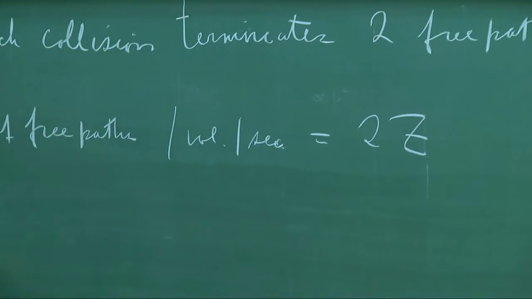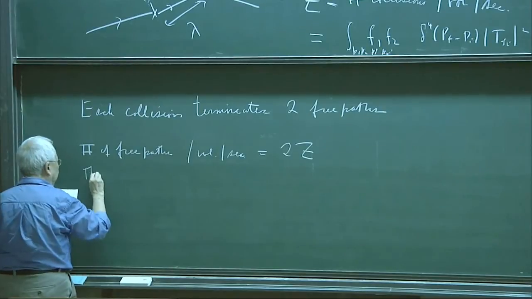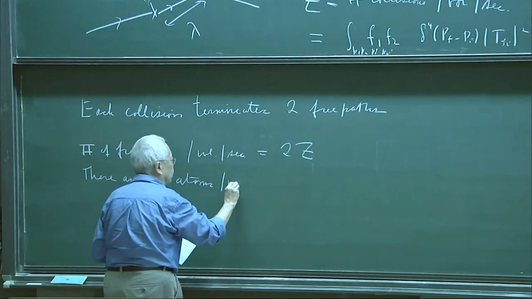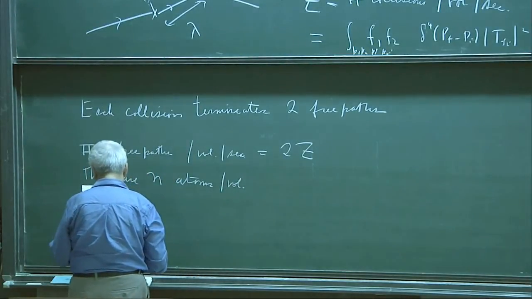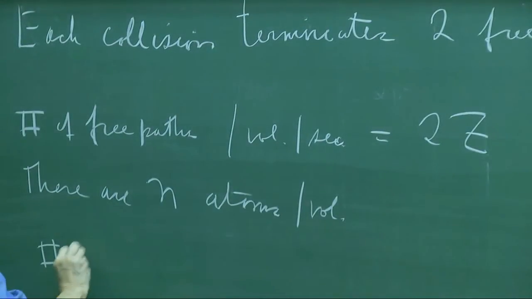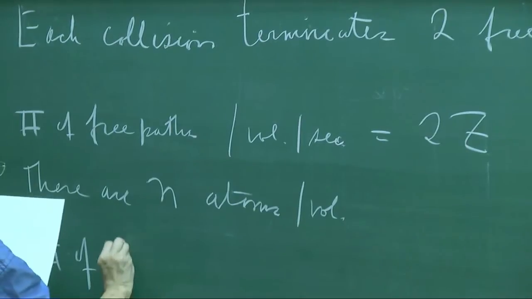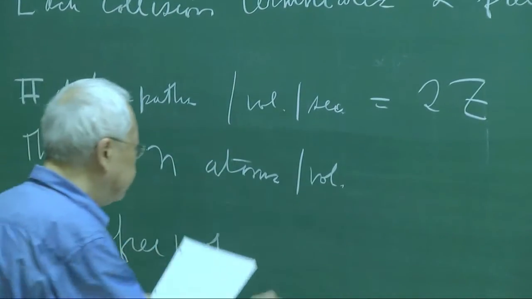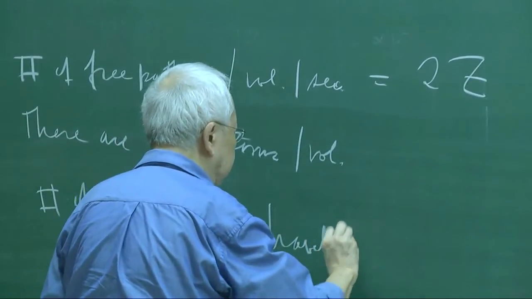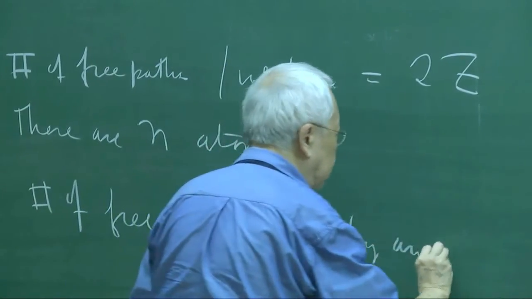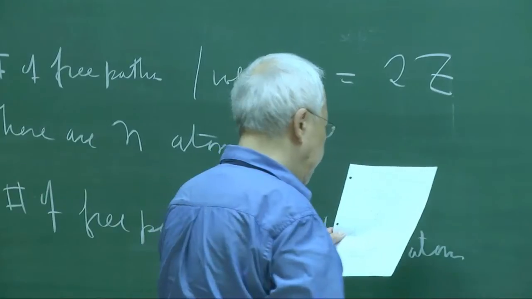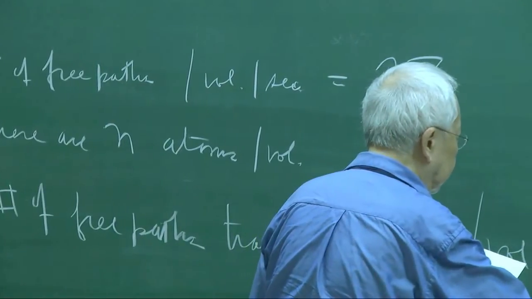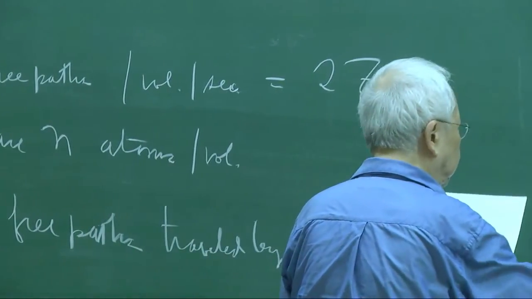And since there are n atoms per unit volume, the number of free paths traveled by an atom per second is just equal to 2Z over n.